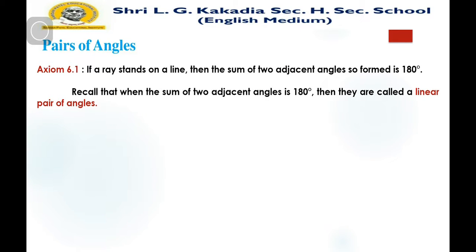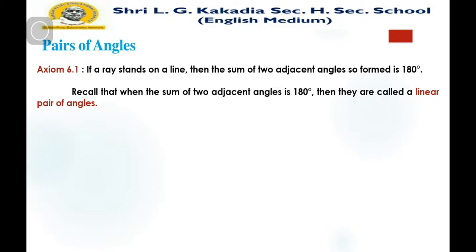Now the first axiom, 6.1, is given: if a ray stands on a line, then the sum of two adjacent angles so formed is 180 degrees. What the axiom wants to say is that if a ray stands on a line, the two adjacent angles have the same vertex, and there are two arms on opposite sides of the common arm.